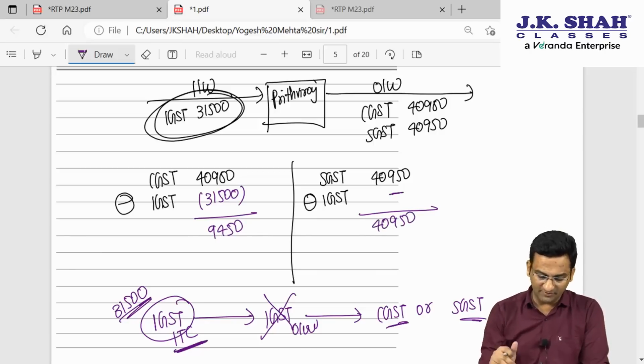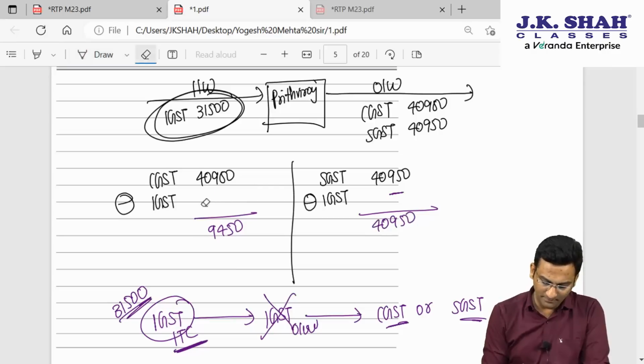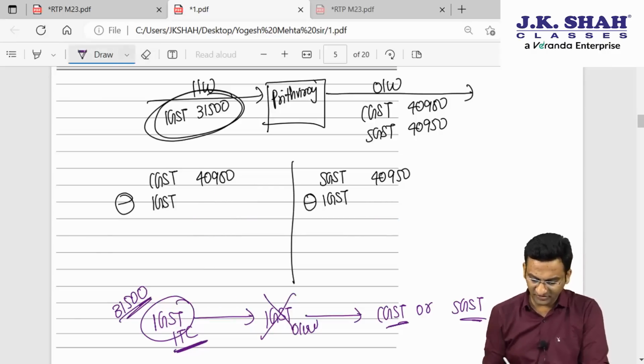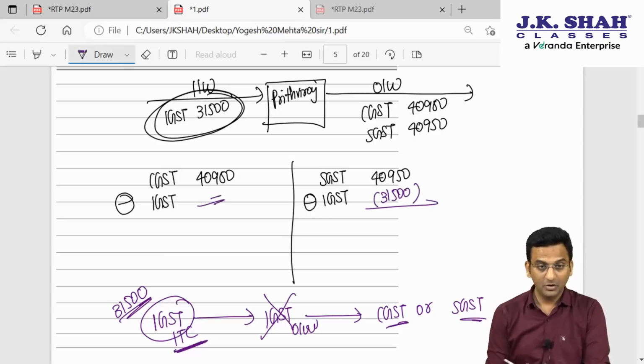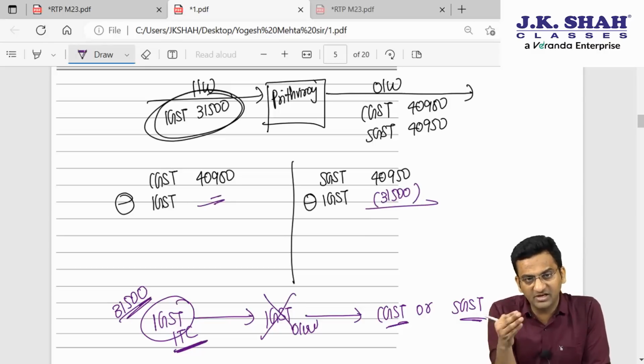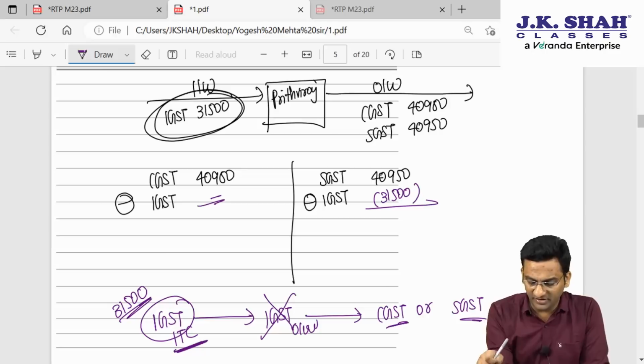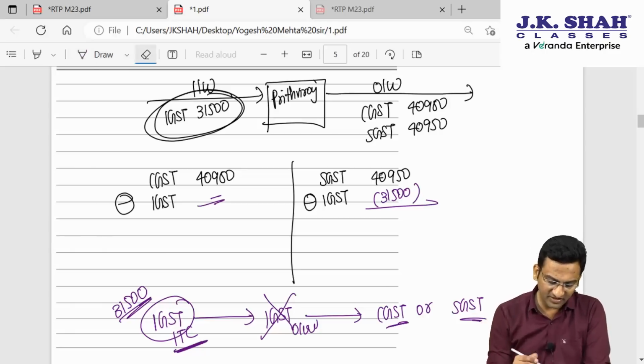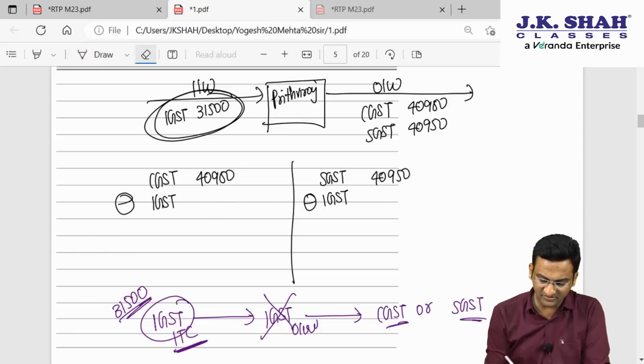Alternatively, friends, you can deduct it from SGST first, so 31500, and from here it will be nil. Or you can make a deduction in any proportion, or what the institute has done, the institute has deducted half from CGST and half from SGST, friends.